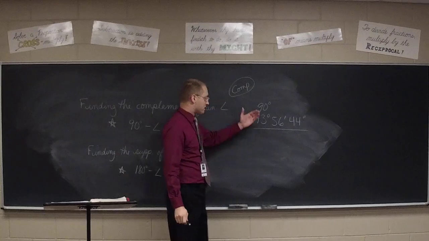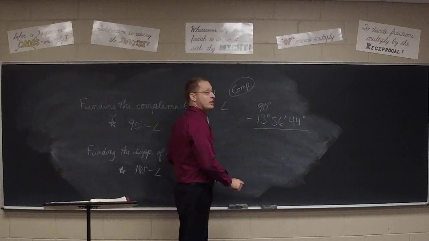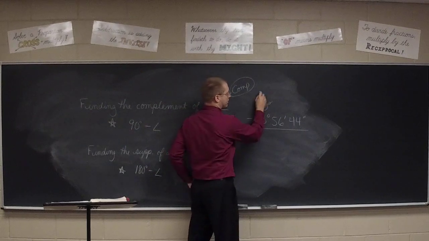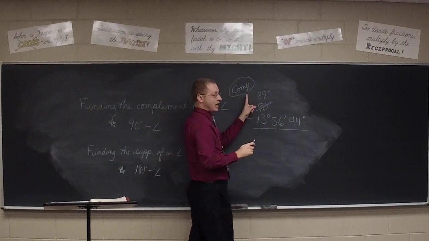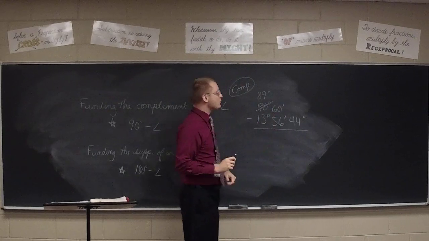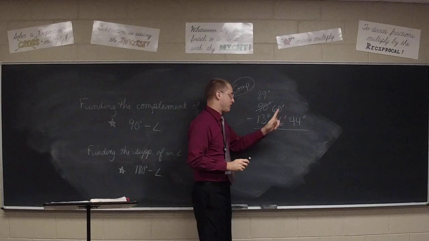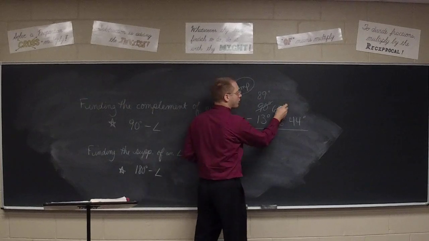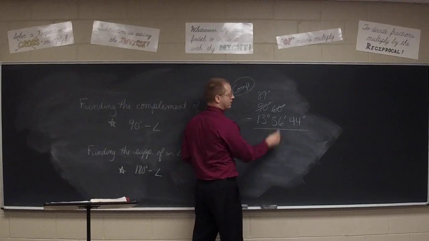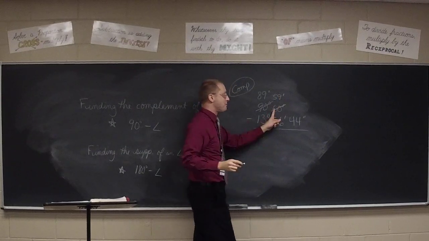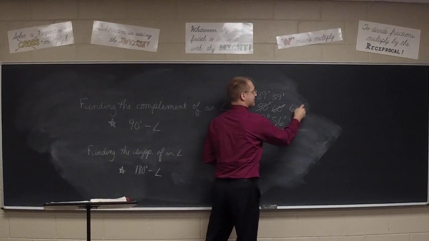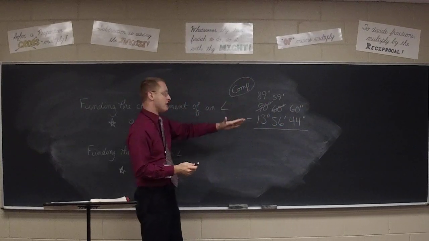But we can't subtract minutes from nothing, so we're going to take away from 90. 89, and then that 1 degree comes over as 60 minutes. But we also can't subtract 44 seconds from nothing, so we have to borrow again. This time, we're going to borrow from the 60 minutes, which gives us how many minutes, Audrey? 59 minutes, and that 1 minute comes over here as 60 seconds, because we said there are 60 seconds in a minute, 60 minutes in a degree.